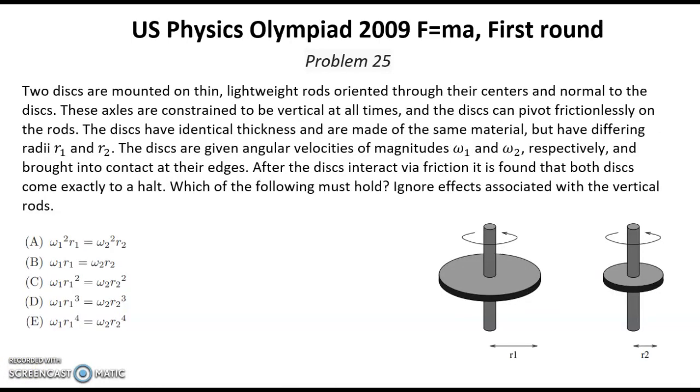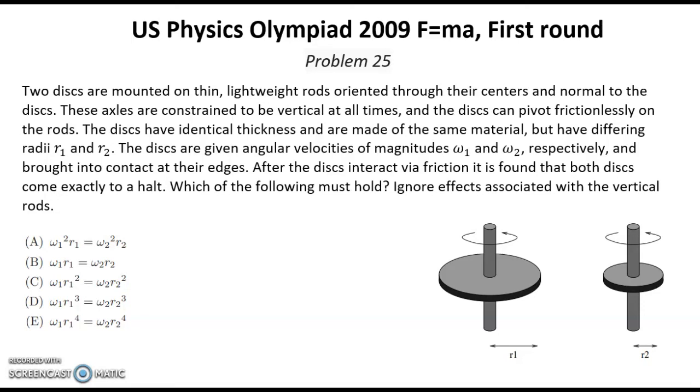Problem number 25. Two discs are mounted on thin, lightweight rods oriented through their centers and normal to the discs. These axles are constrained to be vertical at all times, and the discs can pivot frictionlessly on the rods. The discs have identical thickness and are made of the same material, but have differing radii r1 and r2.